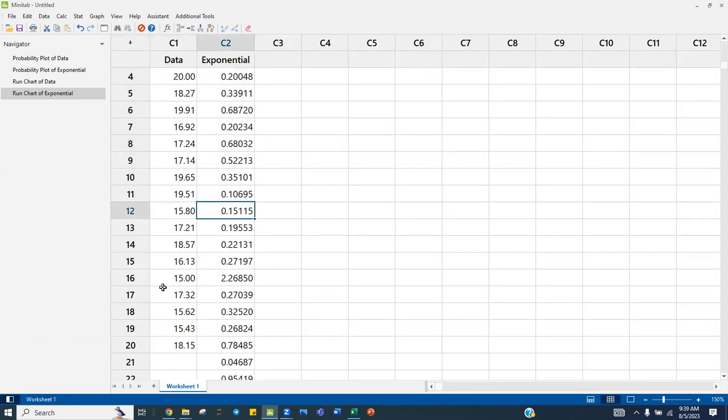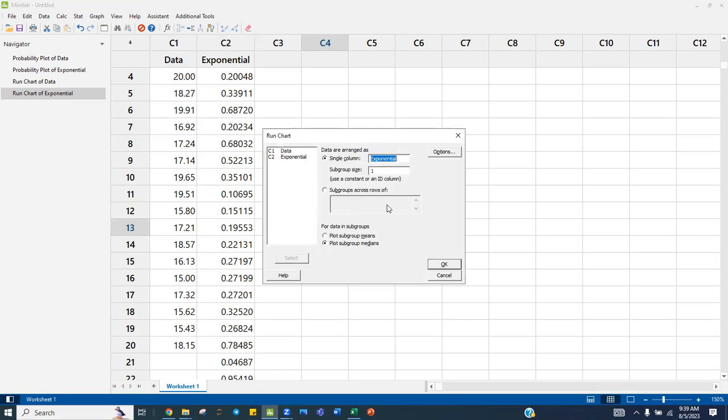I go to observation number 16, and this is 0.27197, 0.2703. So I will be making this 0.27199, and this value 0.27201. Yep. And now I will run the run chart again on this data, because I tried to arrange the data in a trend order.